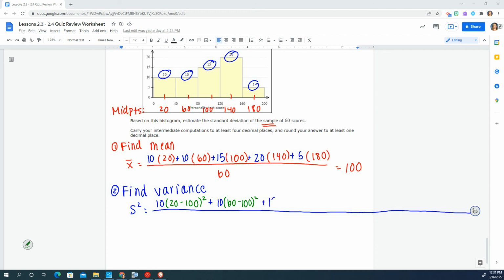Next class, there's 15 that were right on the mean. So it's obviously just going to be 0. There were 20 that were in the 140 class. And then there were 5 in the last class.